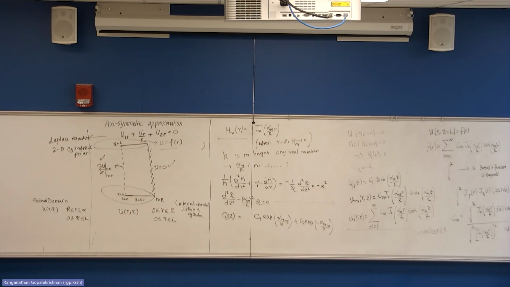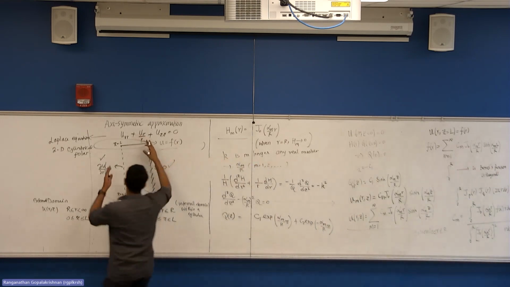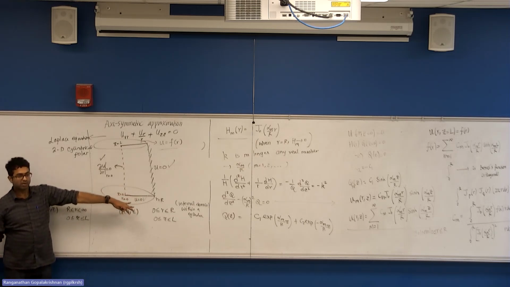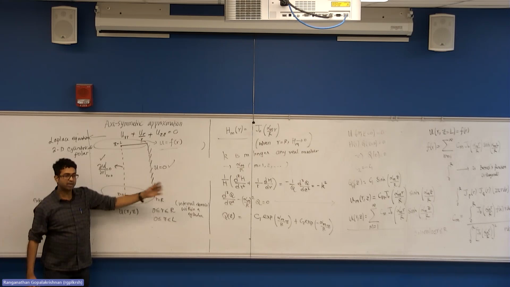Shall we now flip the script and try to get the external solution for the same problem, with a cylinder in exactly the same location with the same geometry, but now we are interested in the solution outside the cylinder and not inside the cylinder.